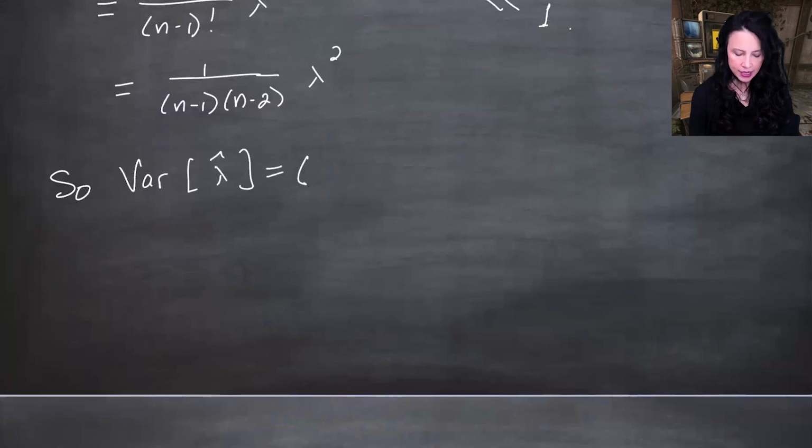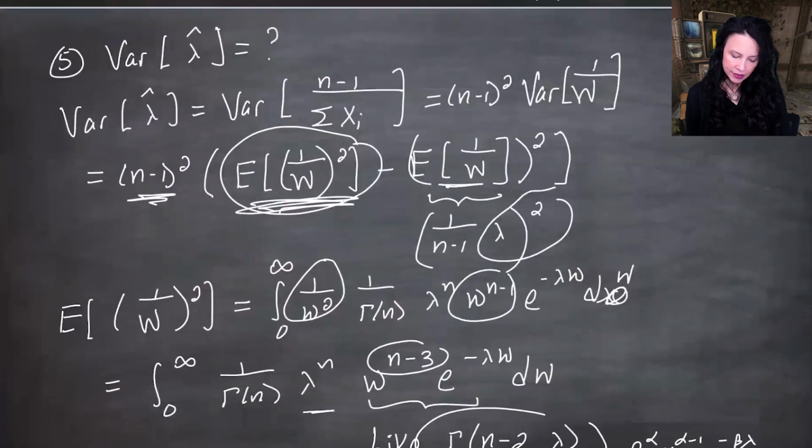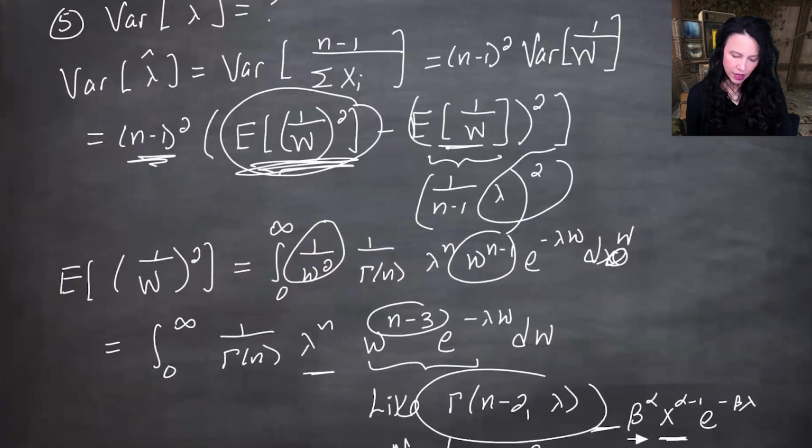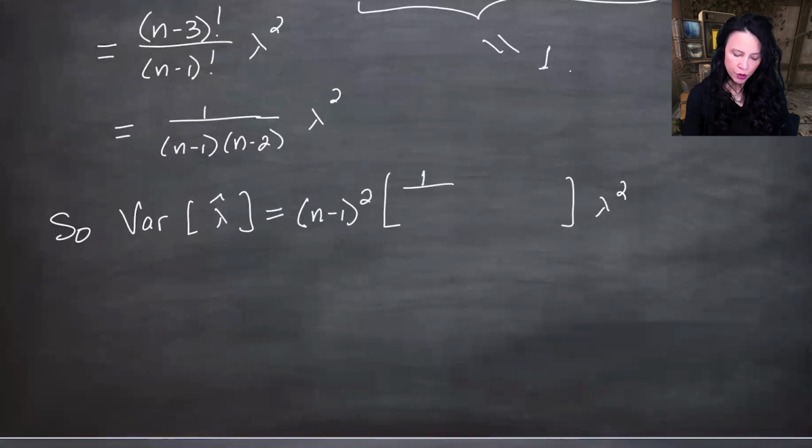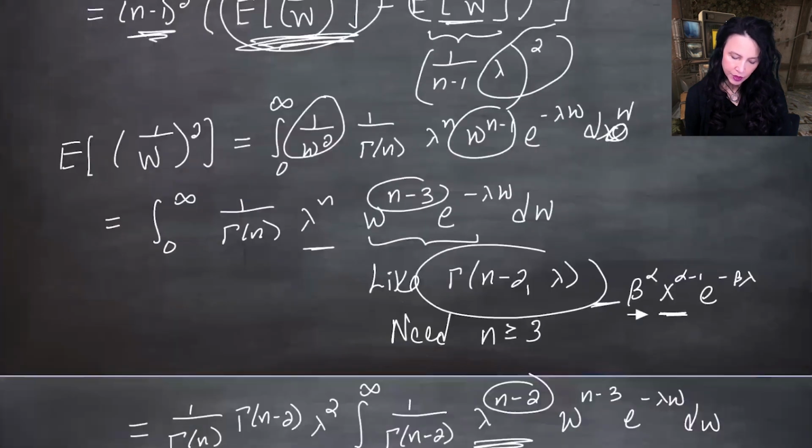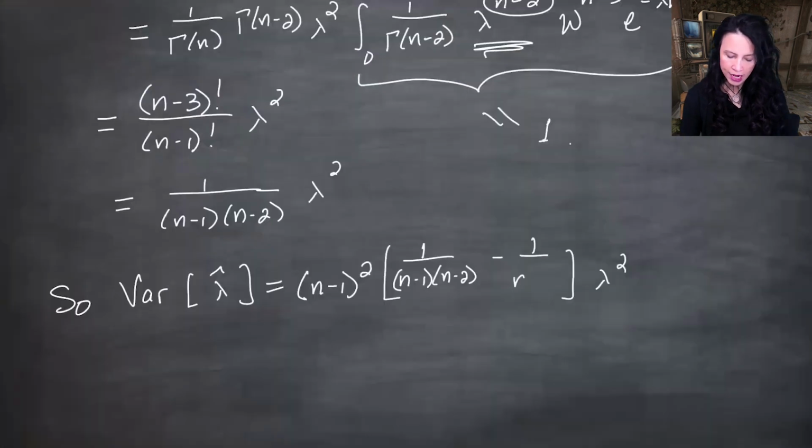This is n minus 1 squared, something, times lambda squared. And that something is what we just found. So 1 over n minus 1, n minus 2, minus 1 over n minus 1 squared.